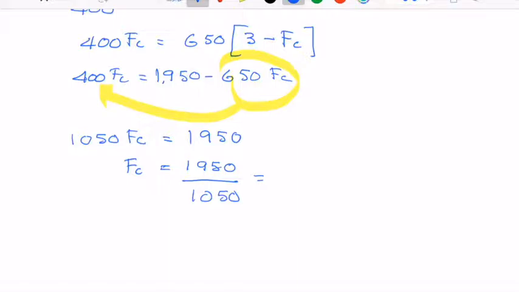Dividing that, I have 1.857 kilonewton, and this is one of the answers.